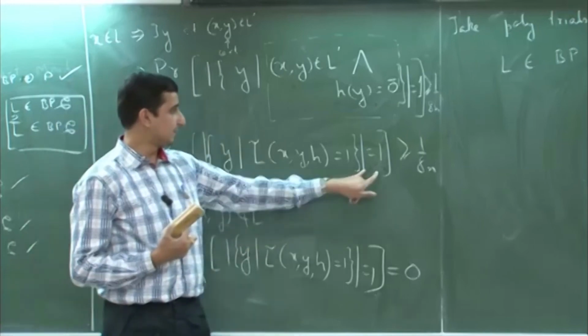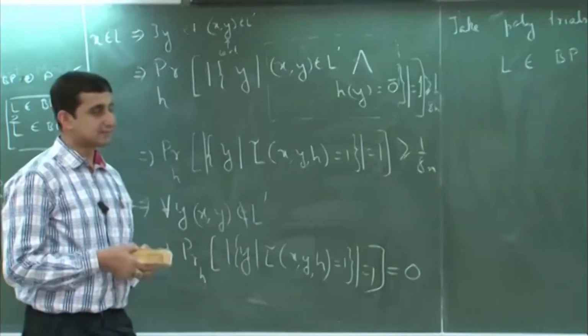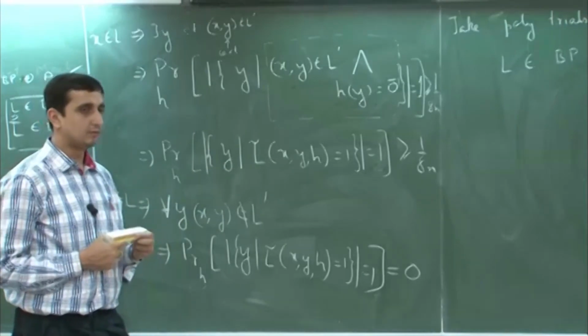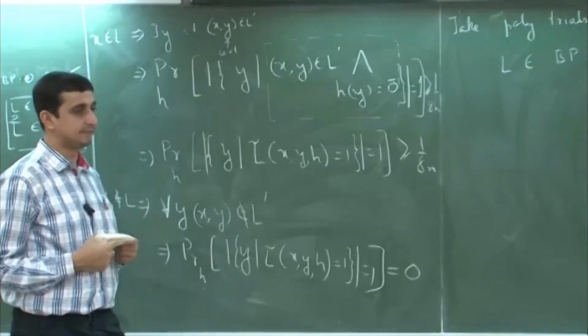So if this has an odd number of certificates, I can always construct an appropriate language which will belong to parity dot C.